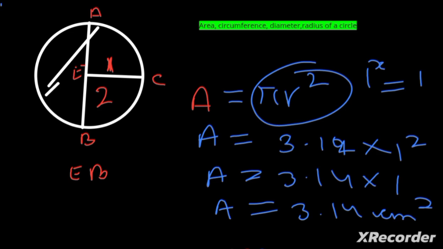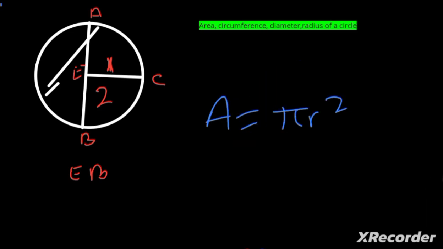So today we learned all the topics covered in this video about the circle, all the parts of the circle and all the main formulas, the area of the circle and the circumference of the circle. We can derive the formula of radius from the circumference, because we know circumference equals 2 pi r.